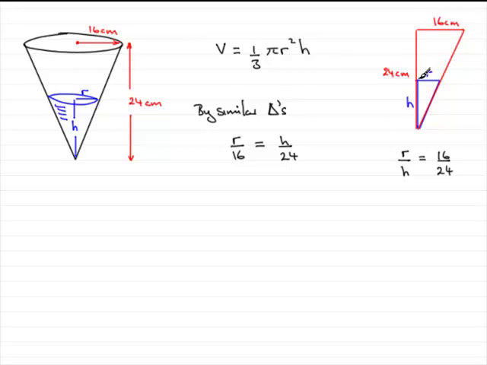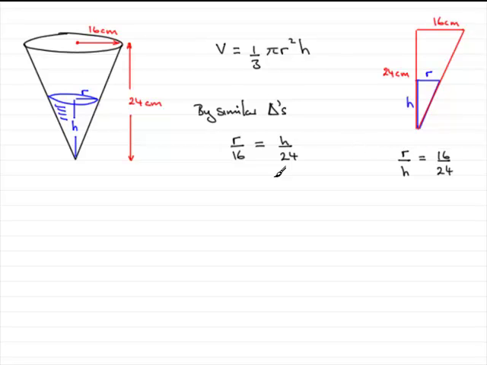I'm comparing a radius here from this blue triangle with the height. So I do exactly the same for the red triangle, the radius with its height. Although these equations might look different, they're still going to come down to the same thing at the end of the day.